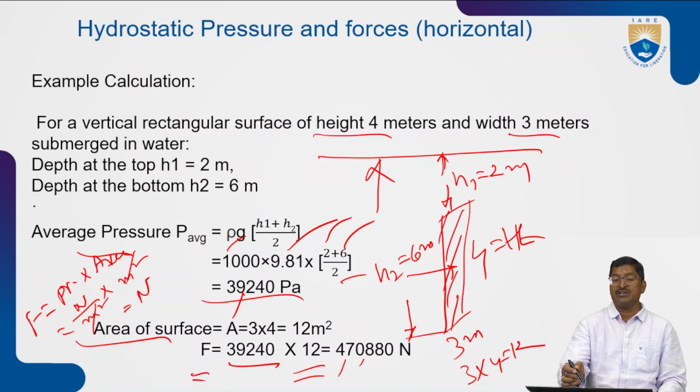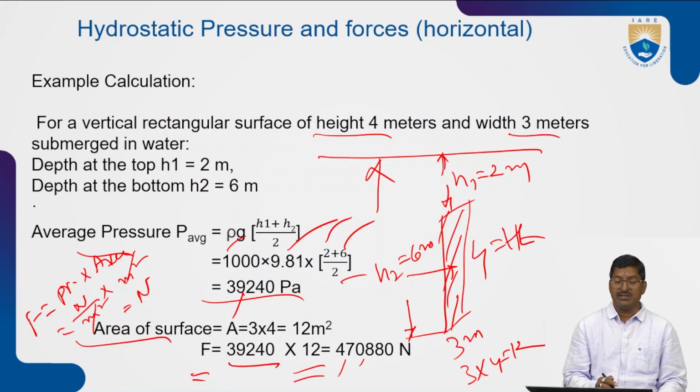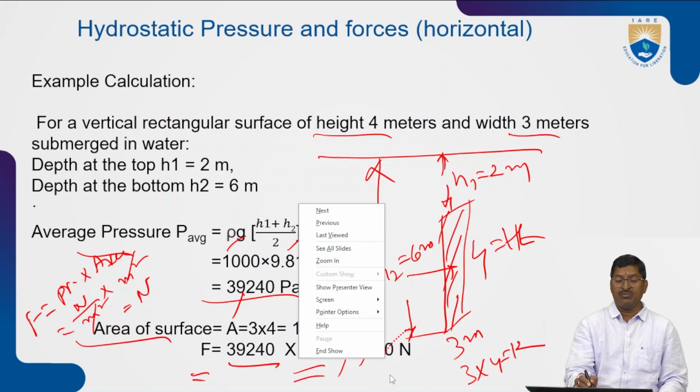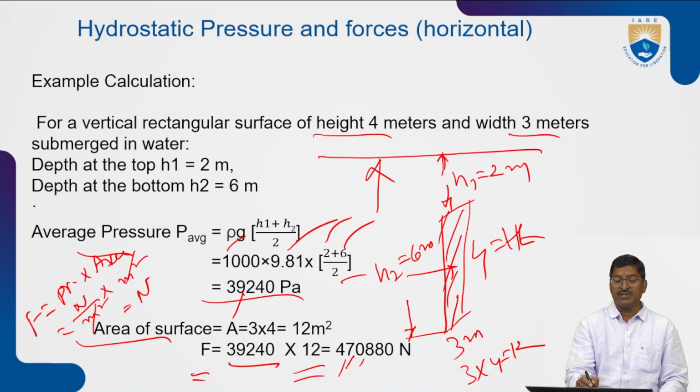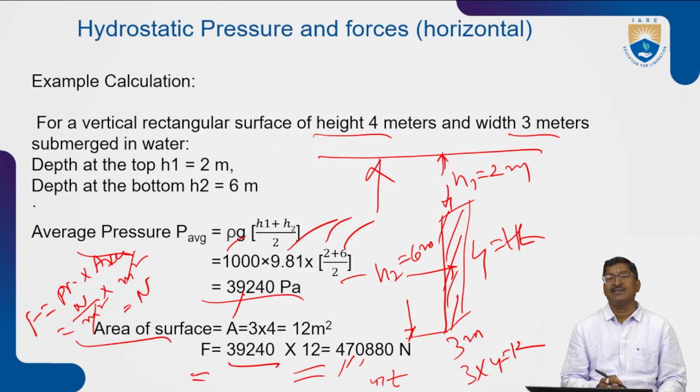The top is at 2 meters and the bottom is at 6 meters, the width of the rectangular surface is 3 meters, and the height is 4 meters. In kilograms that is about 47,000 kgs, which means 47 tons of load will act on the vertical surface.